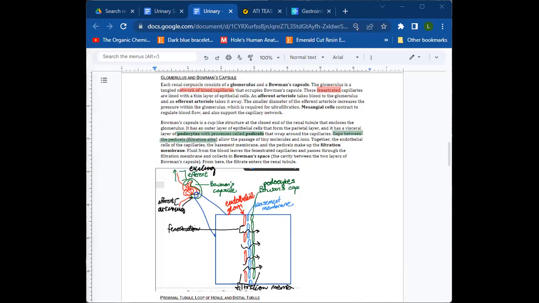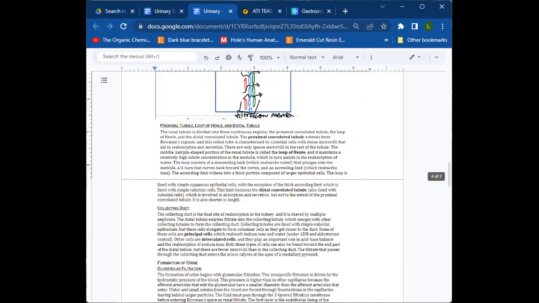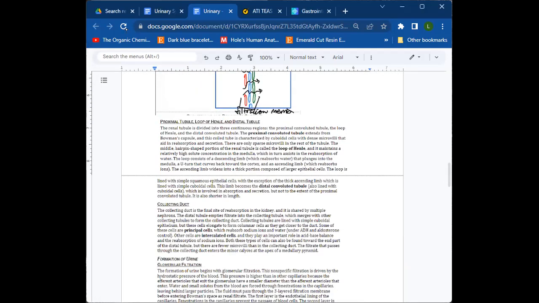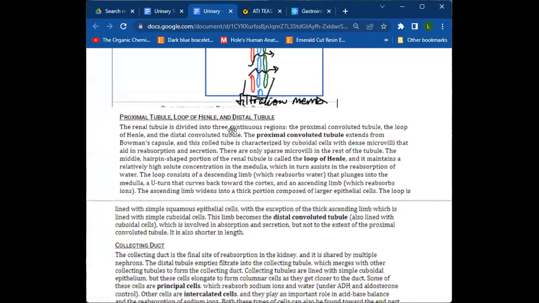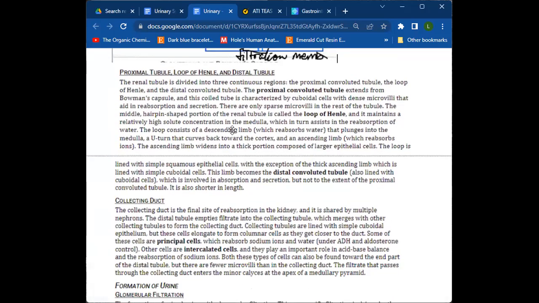Okay. Now, let's take a look at the histology of the rest of the nephron, and then we'll look at the process of filtration and everything else. So a lot of the nephron is going to be made up of simple cuboidal epithelia. The proximal convoluted tubule has cuboidal cells with lots of microvilli, and that's going to help with reabsorption. Reabsorption means putting things back into the nephron.